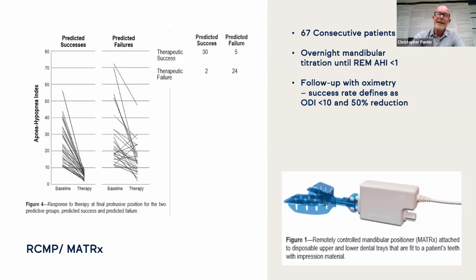They predicted failure incorrectly in 5 patients because they actually had therapeutic success, and they predicted it correctly in 24 patients. So the only downside to that whole study would be that 5 patients potentially wouldn't have been treated.